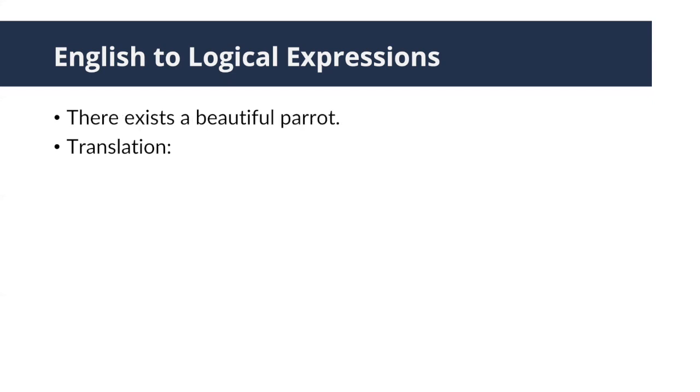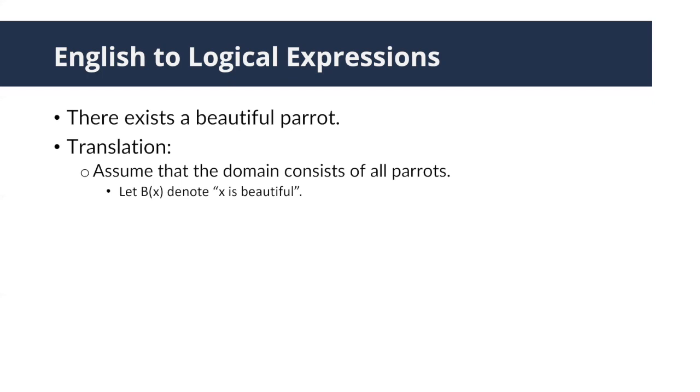Next one. The statement is, there exists a beautiful parrot. How do we do the translation? Again, we should first specify the domain. You have two options. One, you assume the domain consists of all parrots. The other is you assume the domain consists of all animals. If the domain consists of all parrots, then by default, the variable you choose to represent a member is a parrot.